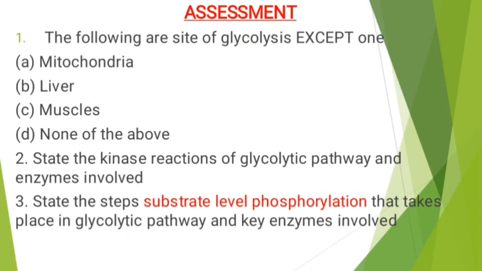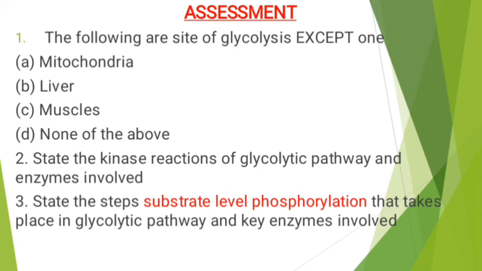Assessment: you can do well to assess yourself from this. You can as well go to the site and get these materials and assess yourself. The following are the sites of glycolysis except one: mitochondria, liver, muscle, none of the above. Of course, the answer is none of the above, because glycolysis, we said earlier, occurs in all body tissues. State the kinase reactions of the glycolytic pathway and enzymes involved. As we said above, kinase reactions are step 1, step 3, step 6, and step 9.